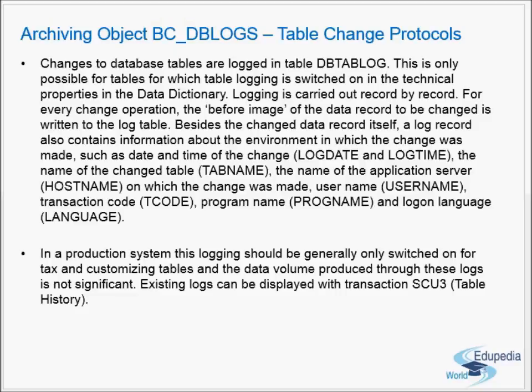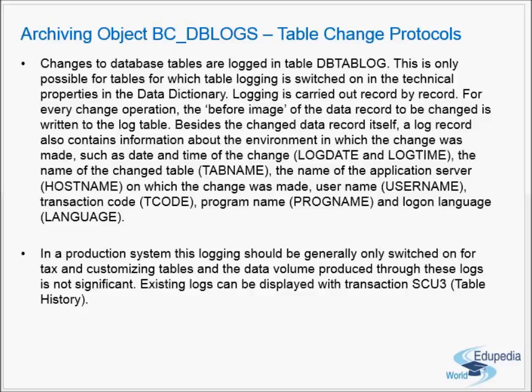Besides the changed data record itself, a log record also contains information about the environment in which the change was made, such as the date and time of the change, the log date and log time, the name of the changed table, the tab name, the name of the application server, the host name on which the change was made, the username, the transaction code, the program name, and the logon language.